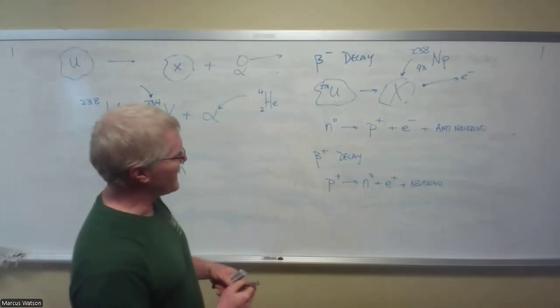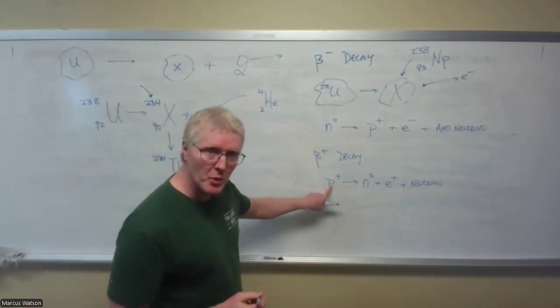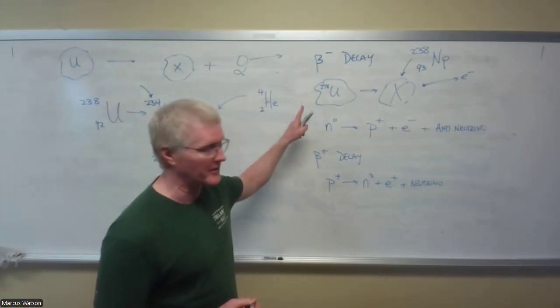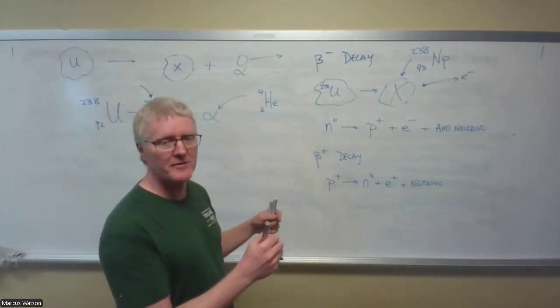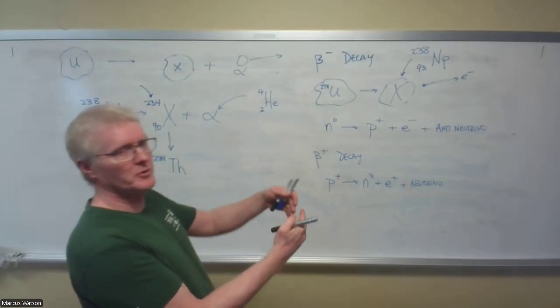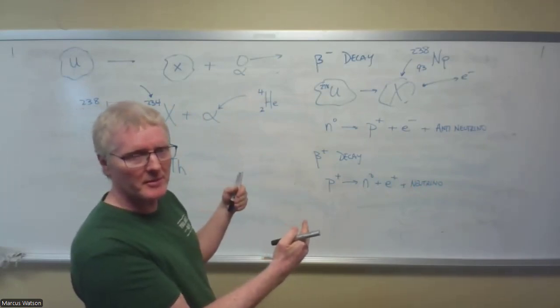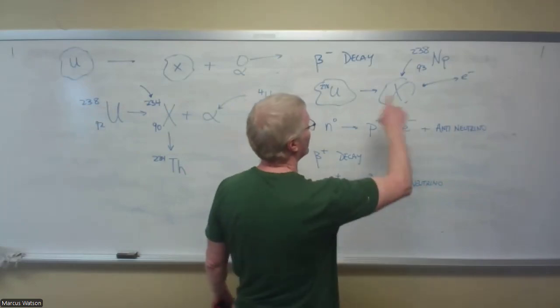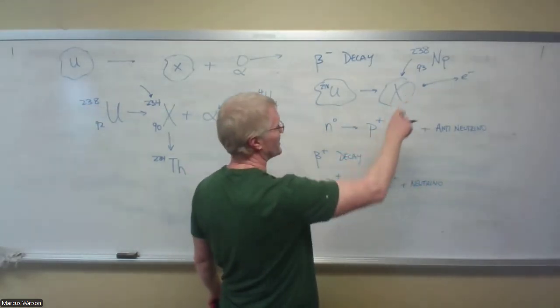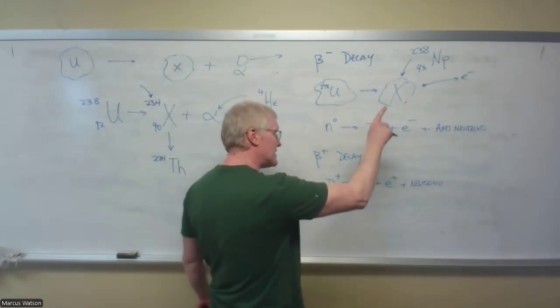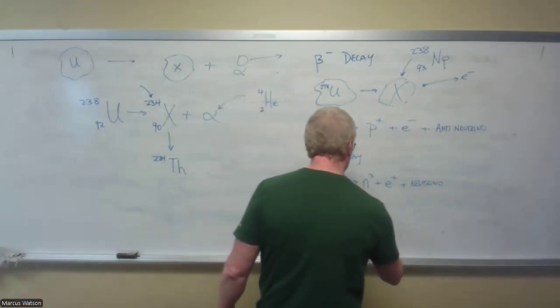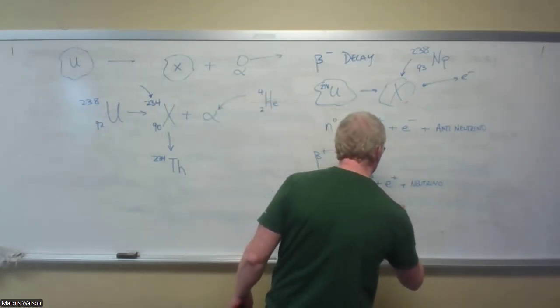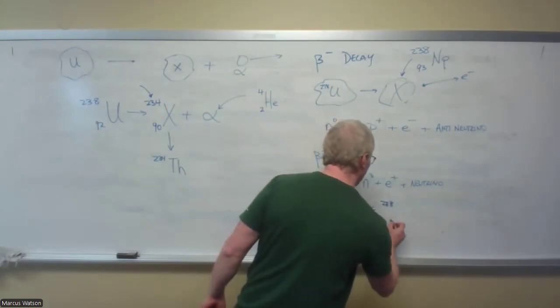Okay. That means I've lost one proton in this example, and that means instead of having uranium, now I will have moved down one space on the periodic table. So instead of being uranium now, I draw the exact same picture with a proton ejected, with a positron ejected, and now we get X, which is equal to 238 still, but it's number 91.